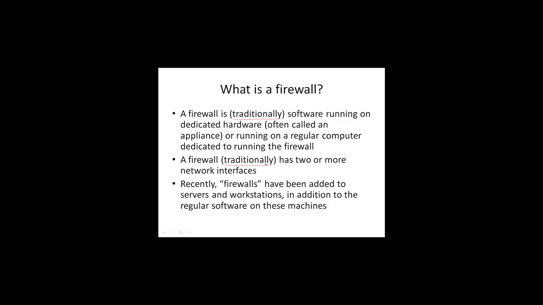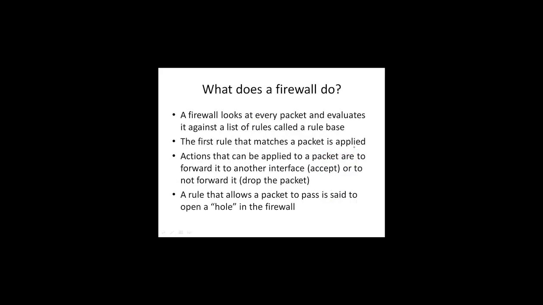And my third bullet here was what I've already explained, that recently firewalls have been added to servers and workstations. And again, the point here is these firewalls are to protect that particular computer. And they're good things. We might get around to talking about those specifically.